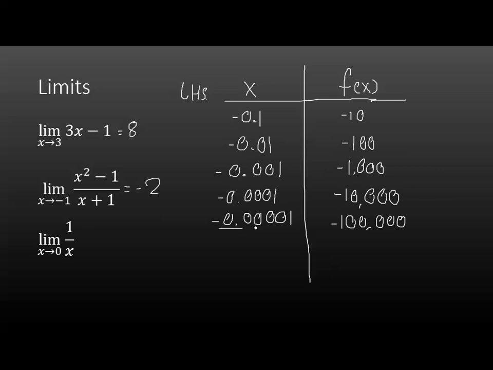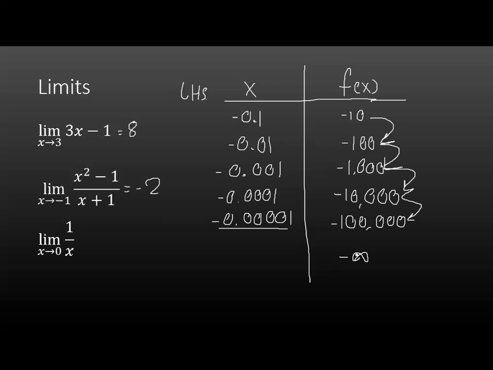Because you see, as we let the x values get closer to 0 from the left side, the values of the function are increasing. All right? So it's increasing, increasing, so on and so forth. So with that, we can say that it's approaching negative infinity, right?